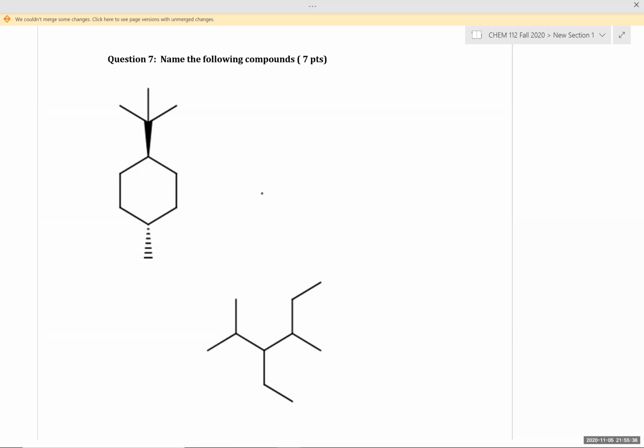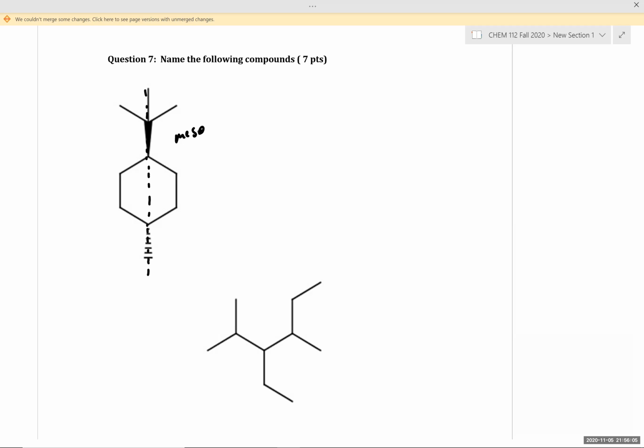Do these stereocenters actually mean anything in this case? No, this compound's symmetrical. It's meso. Yep. So always double check before you decide if you have to do extra work.